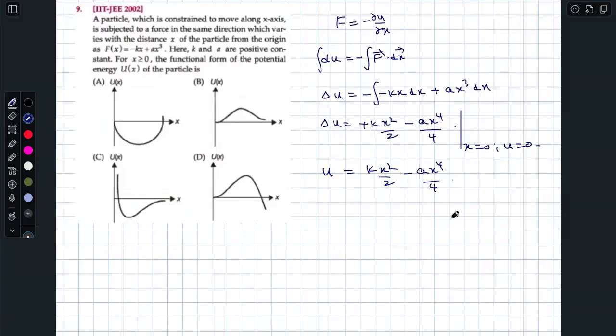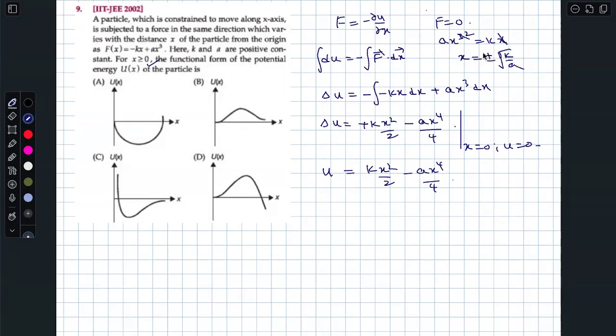First of all, very clear, force is 0 at 2 points. When is force 0? Force is 0 when ax cube is kx. See here, x is plus or minus root k by a. You said you should consider only x greater than 0.